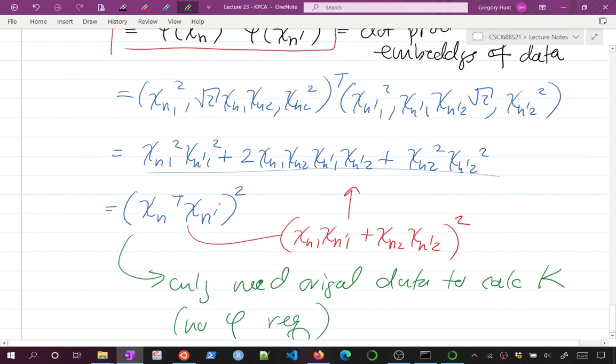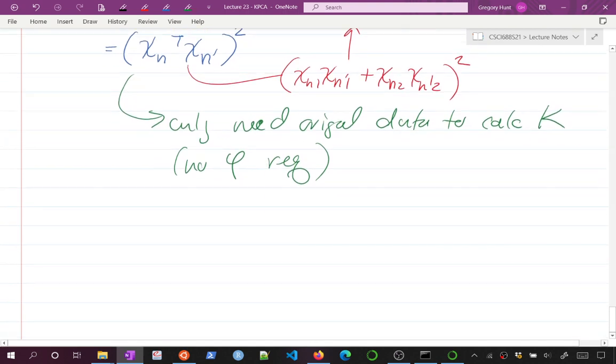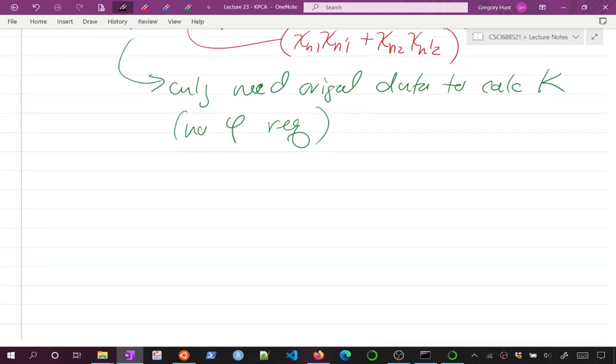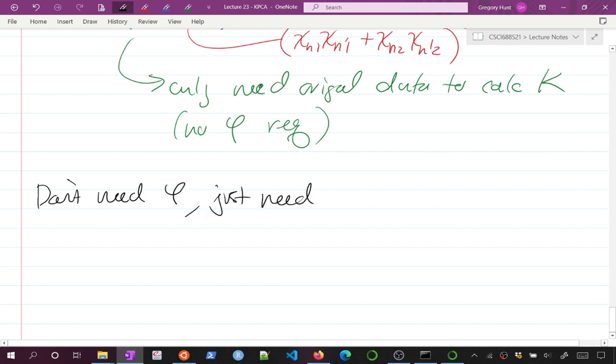So this is a trick. I mean, it's a trick that works, but it's called the kernel trick. So let me write this again. I don't need phi. I just need a function K. We'll reuse K here. Oh, maybe we'll make it a lowercase k for fun.